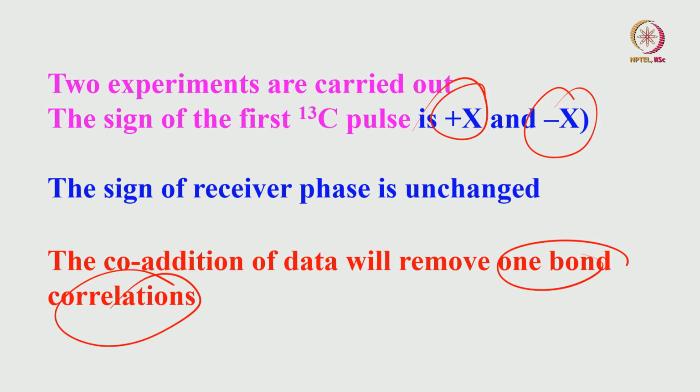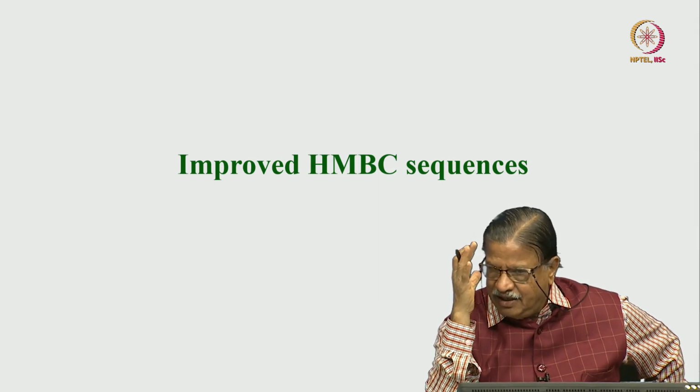After both experiments, do the co-addition of the data. When you do the co-addition, one bond JCH correlations are suppressed, they will be removed, and then we are going to detect only long range correlations. This is what is normally done.